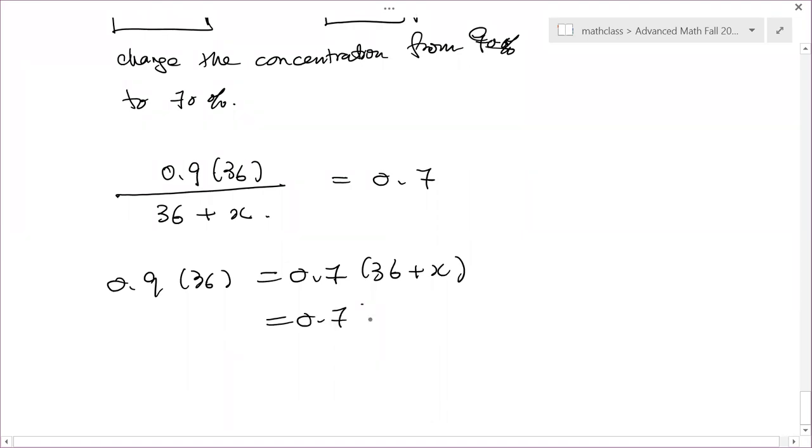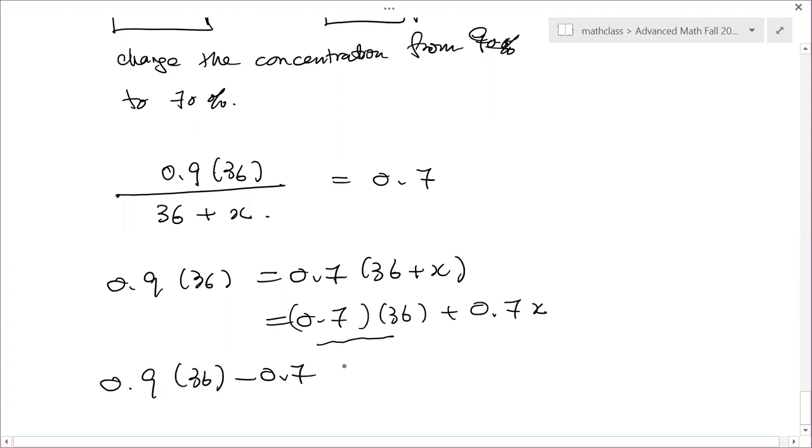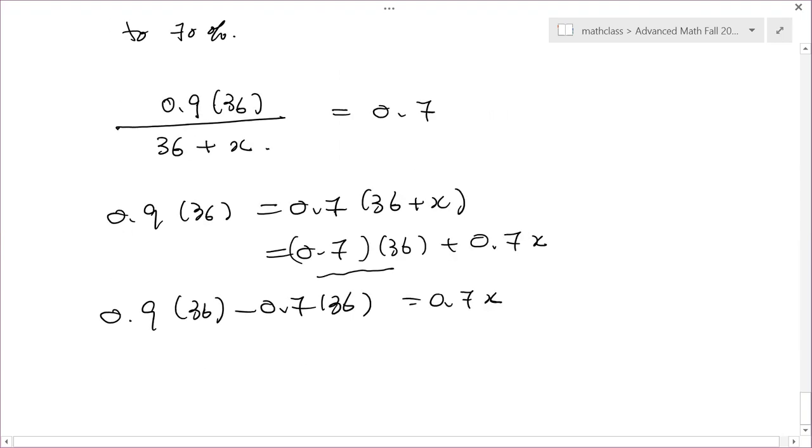Don't do the multiplication immediately because, I'll tell you why, because 0.9 times 36, there's another one, 0.7 times 36. So when you do the subtraction, you get this. All right, so you get 0.2. That's much easier to do the computation.